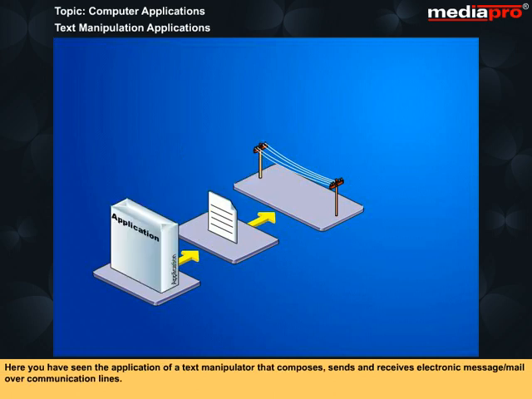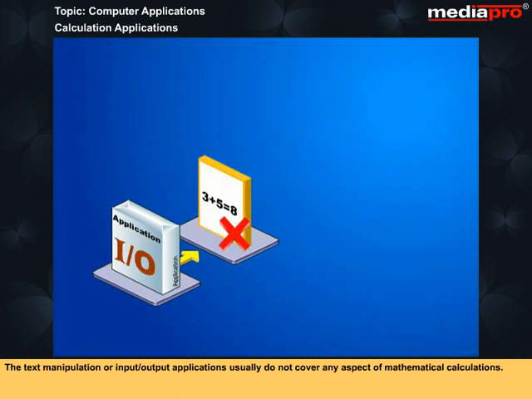Here you have seen the application of a text manipulator that composes, sends and receives electronic message or mail over communication lines. The text manipulation or input-output applications usually do not cover any aspect of mathematical calculations.